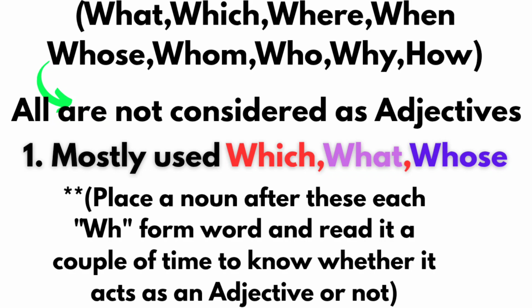Okay, I hope the concept is clear. Remember, we mostly use which, what, whose, because we can keep nouns after them. That's why these are mostly used. I hope this is clear, right?